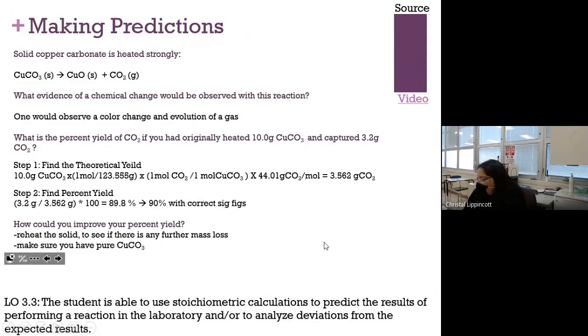So there are several different ways to improve that percent yield. You could modify the pressure so that we're generating more moles of gas in this direction. Reducing the pressure would make it want to produce more moles of gas.